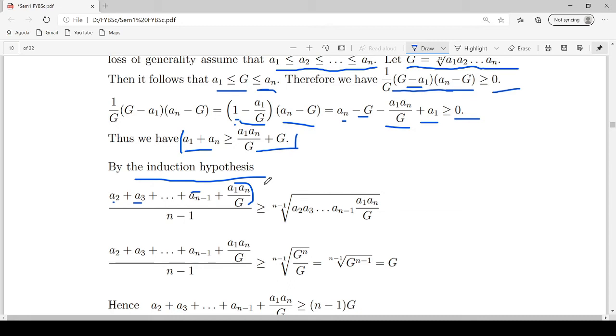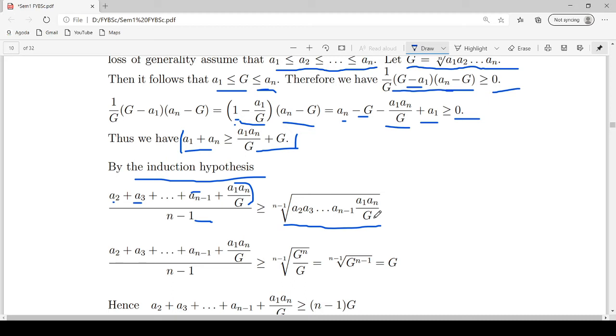So I will have the arithmetic mean of these n-1 positive real numbers is greater than or equal to the geometric mean of these n-1 positive real numbers. That means I have (a2 plus a3 plus up to an-1 plus a1 into an upon g) divided by n-1 is greater than or equal to the n-1th root of a2 a3 up to an-1 into a1 an upon g.